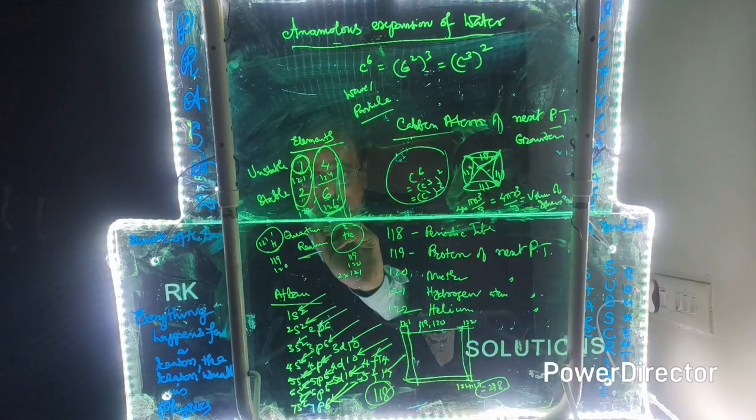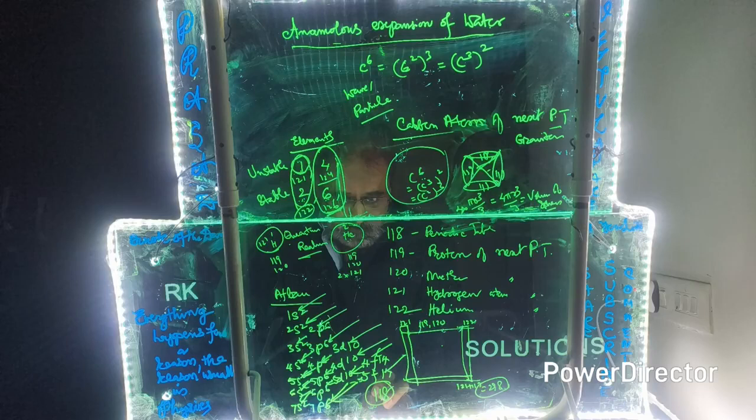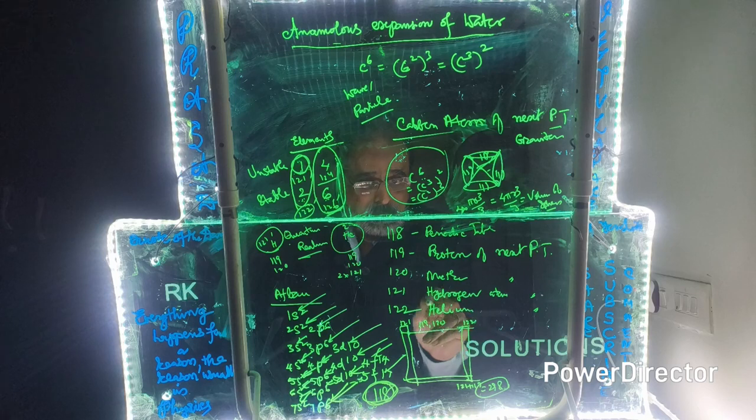These elements tend to become stable. This 122 is quite stable. This is the 122, which has 118 elements, 119 proton, 120 neutron, 121 hydrogen atom, and you can stop here.